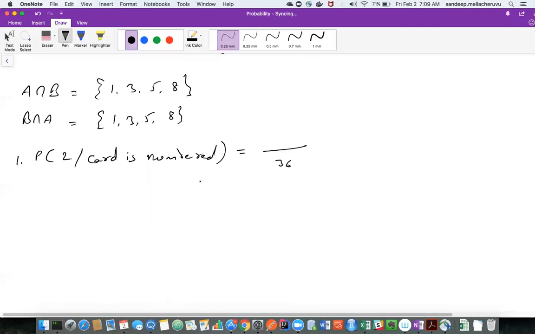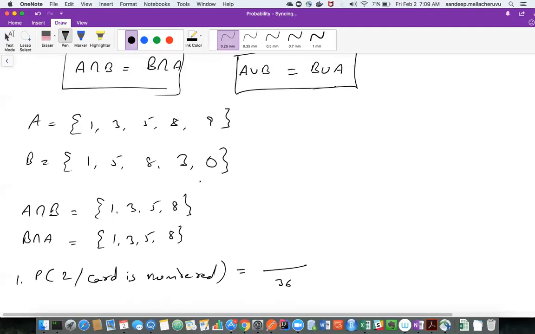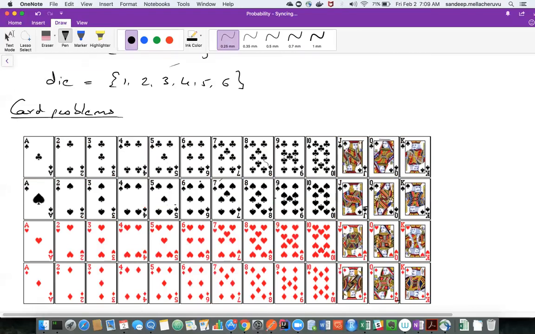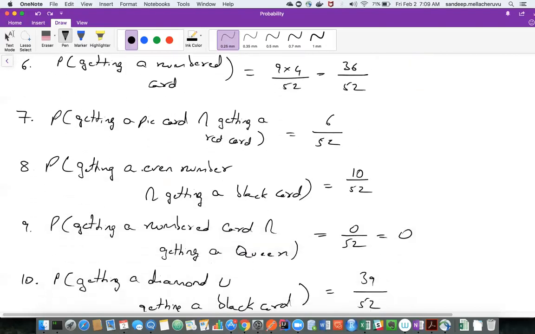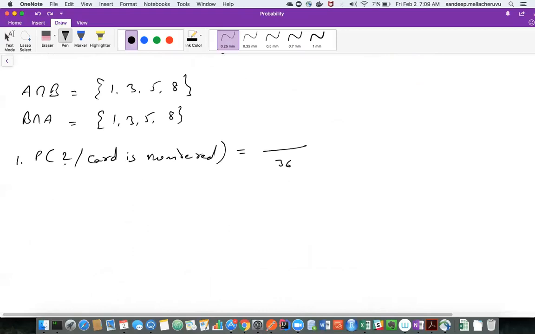Why is it 36? Because you are given that your card is numbered. Utilizing that condition, you can reduce your sample space from 52 to 36 because you have a lesser number of cards. Now out of that, you are asking for a card which is 2.